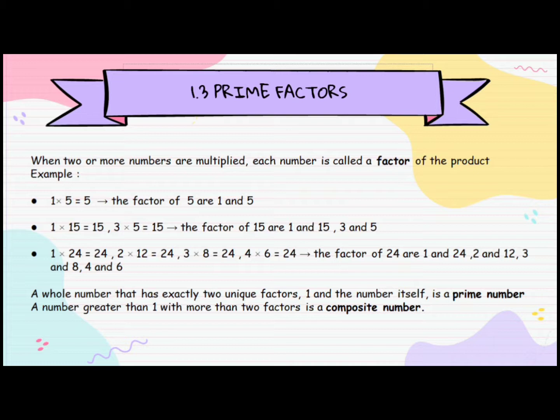A whole number that has exactly 2 unique factors, 1 and the number itself, is a prime number. And then a number greater than 1 with more than 2 factors is a composite number.